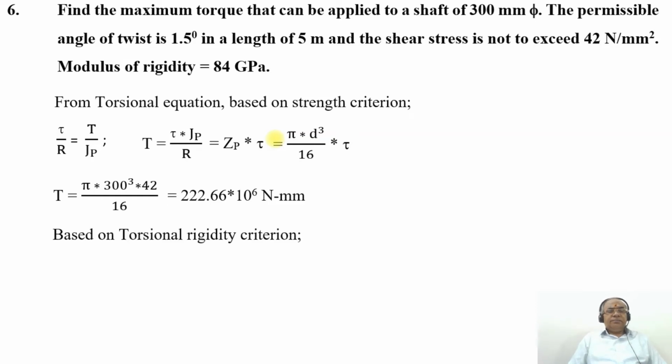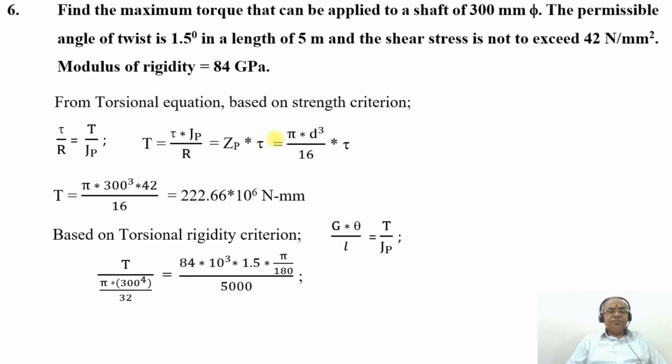Now we are going to take the torsional rigidity criterion. Based on this criterion, the formula is T by J_p equal to G into theta by L. Here J_p is pi d to the power of 4 by 32, that is pi into 300 to the power of 4 by 32, which will be equal to G, which is 84 GPa, that is 84 into 10 to the power of 3, into theta, which is 1.5 degrees.